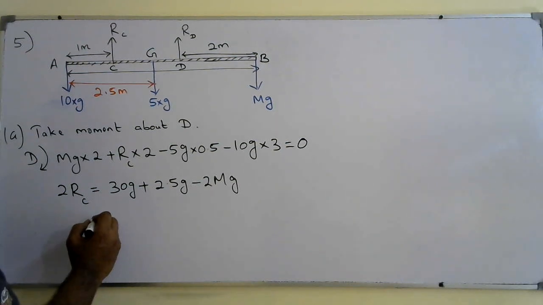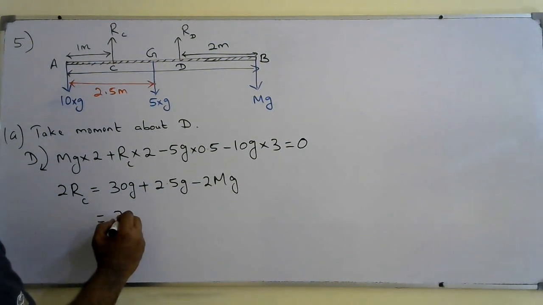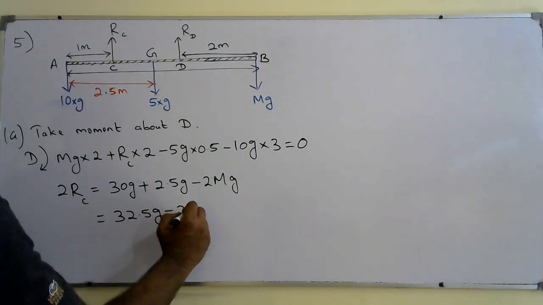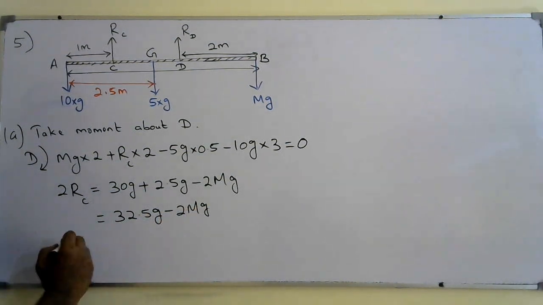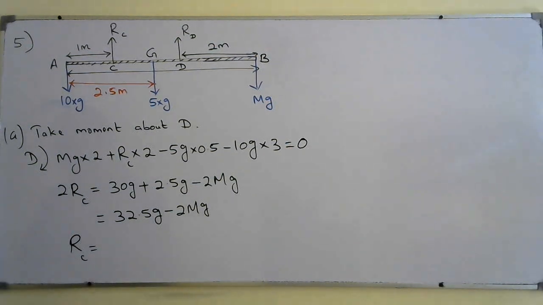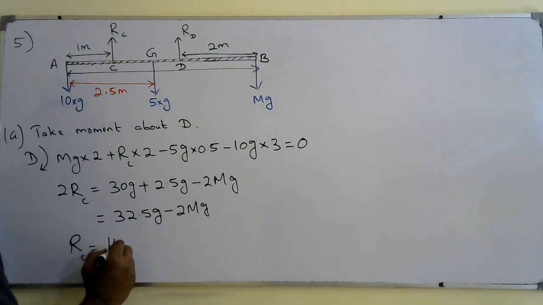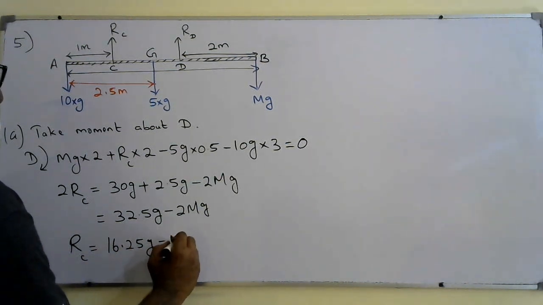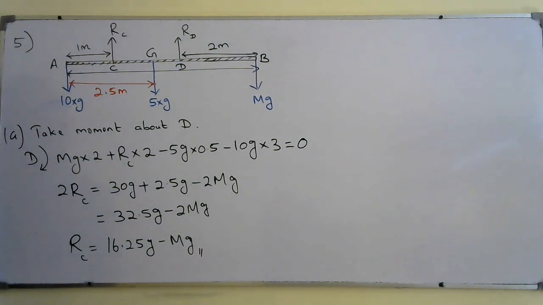So that's going to be 32.5G minus 2mg. For RC, dividing by 2, that's going to be 16.25G minus mg. That's the RC.